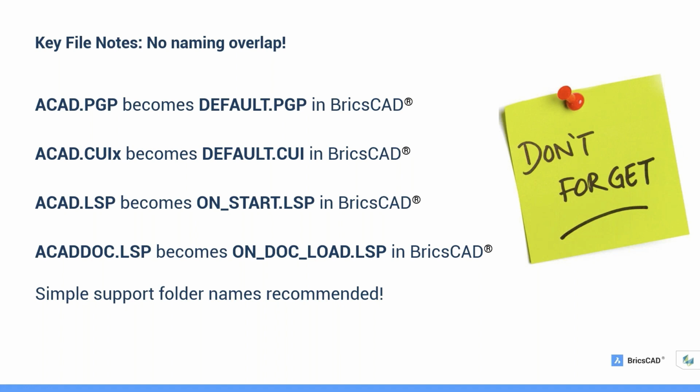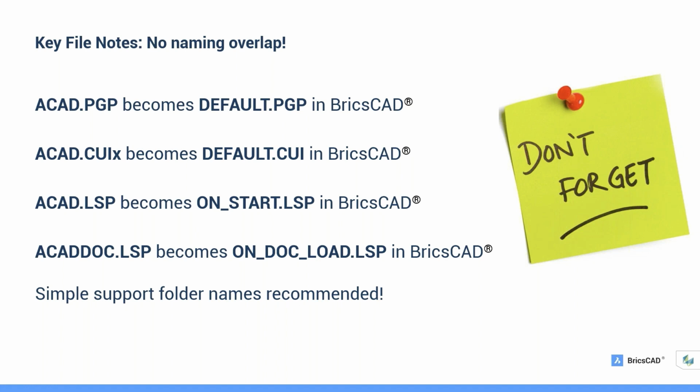Why did we do this? Well, we don't want two files with totally different functionalities with the same name. We don't ever want the BricsCAD files to get confused with your AutoCAD files. And the ACAD LSP and ACAD doc LSP had a virus, kind of an interesting virus behavior several years back, where those files could be automatically replicated.